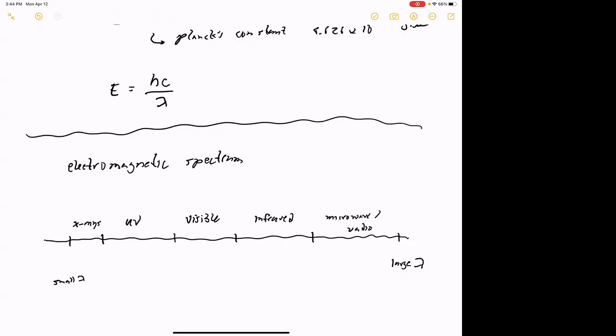Now, the part that we really care about here is the visible part of the spectrum, which is going to stretch roughly from about 400 nanometers in terms of wavelength up to about 800 nanometers. Okay, that's going to be your Roy G. Biv, right?